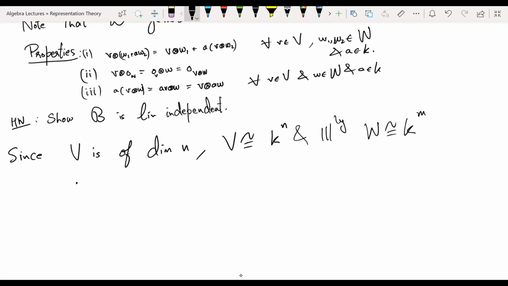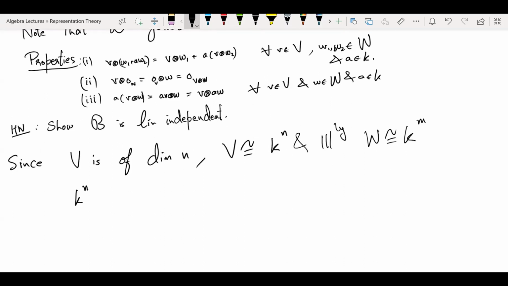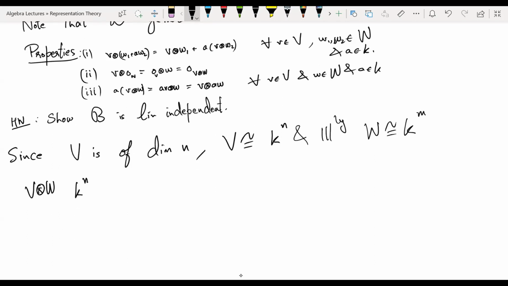Now what do we get? V tensor W is isomorphic to K power n tensor W. But what is K power n tensor W? Maybe I don't need the other isomorphism.